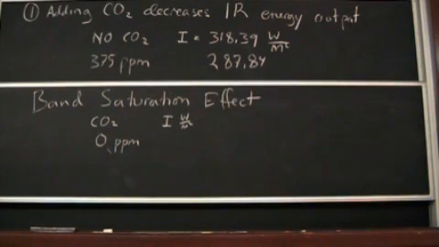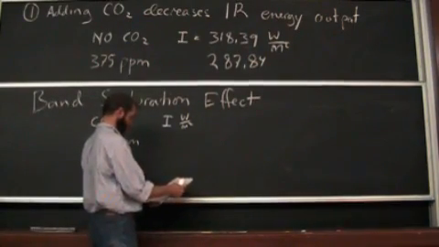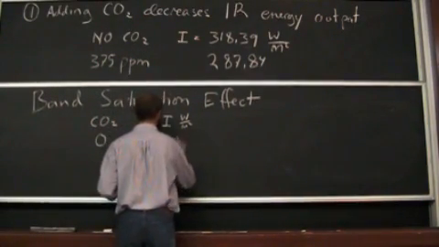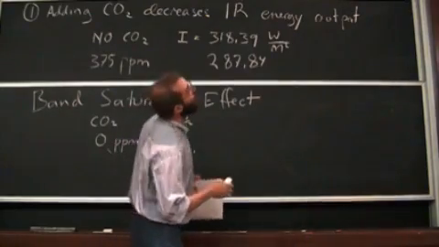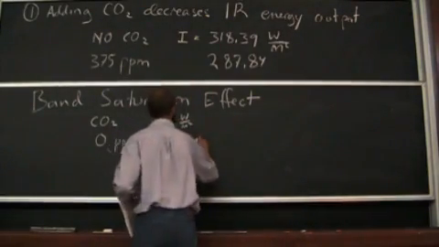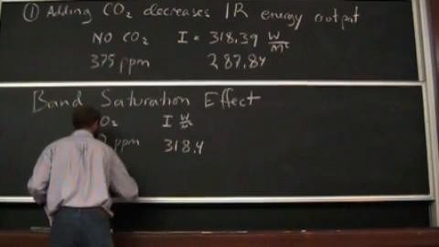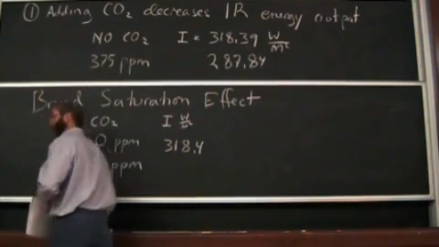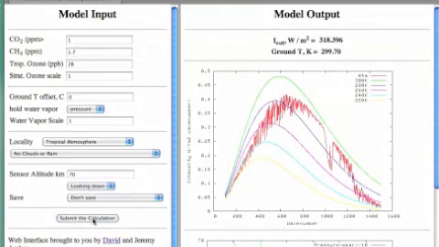The intensity is 318 point something, 0.4. So I'm going to do a series of these, and we're going to write down the numbers, and I'll make a plot. So adding 1 ppm now of CO2, there's only 1 part per million CO2. This is about how much methane there is in the atmosphere. So it's a trace concentration.